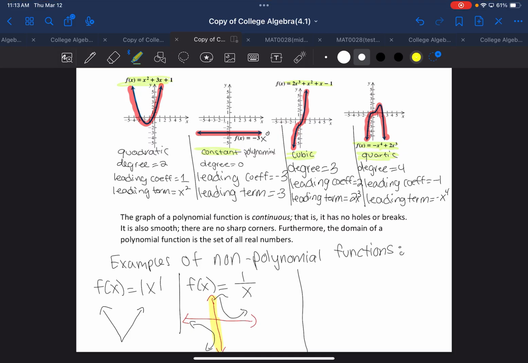And also, this x, when it's in the denominator, is the same thing as x to the negative 1 power. I don't know if we remember that exponent rule, but whenever you have a variable in the denominator, it's known to have a negative exponent.